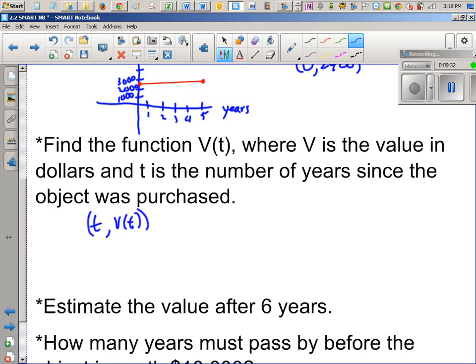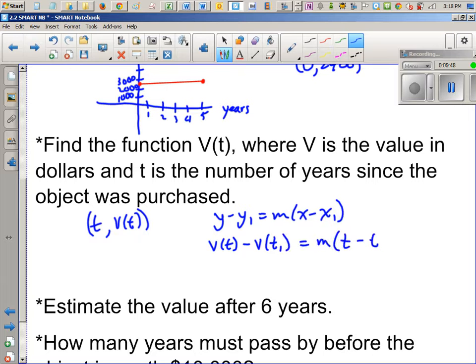Those are like your x and your y. So instead of writing y minus y1 equals m times x minus x1, I'm going to write v of t minus v of t1 equals m times t minus t1. So I'm replacing all my x's with t's and all my y's with v of t's. So please pause it and pay attention to the notation if you need to, okay?